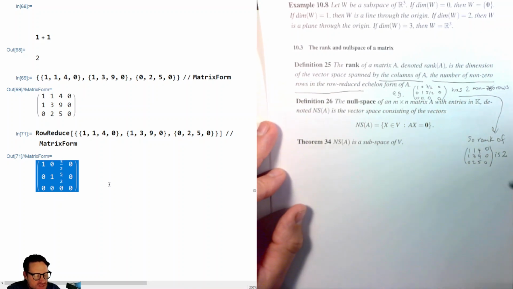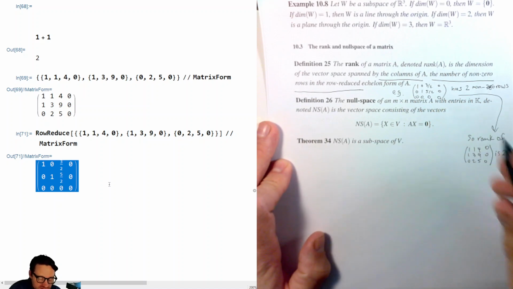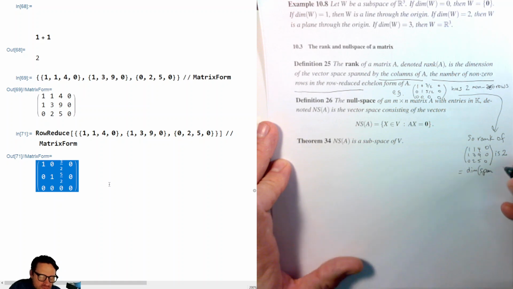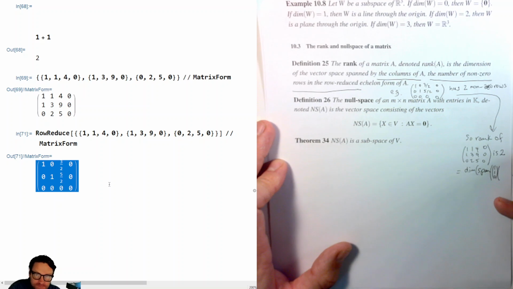All right, and this is also the vector space spanned by the columns, these columns here, or the dimension. So equal to the dimension of the span of the vectors 1, 1, 0, 1, 3, 2, 4, 9, 5.